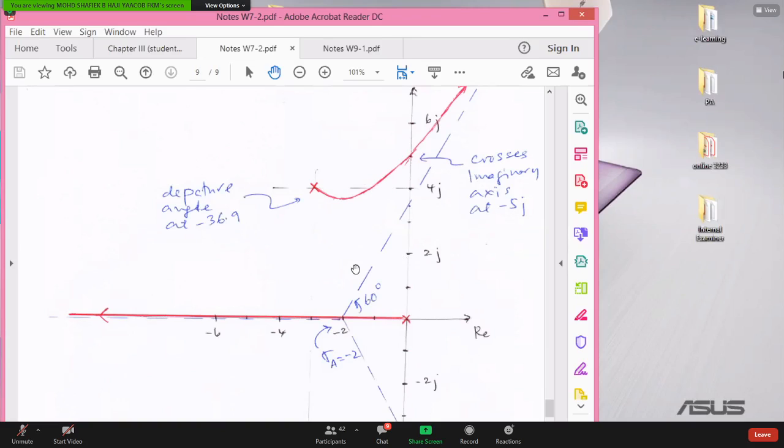Arctangent of 3 divided by 4, you're going to get 36.9 degrees. 36.9 degrees plus 90, so 126.9 degrees is the angle from the pole at the origin to the pole that you want to find the departure angle of.